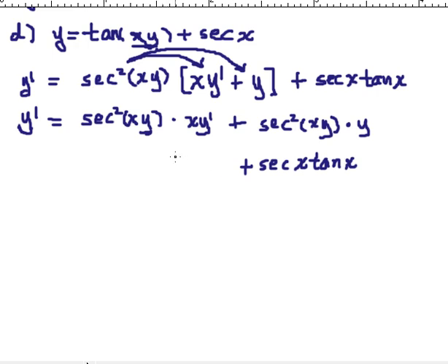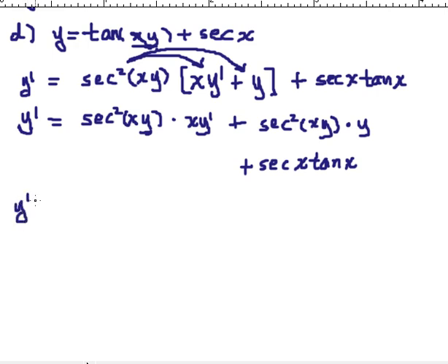Now usually what we do is we put every term with y prime on one side, let's say on the left side, and leave the other two terms on the right side. So I'm just going to take this entire term and subtract it onto the left side.